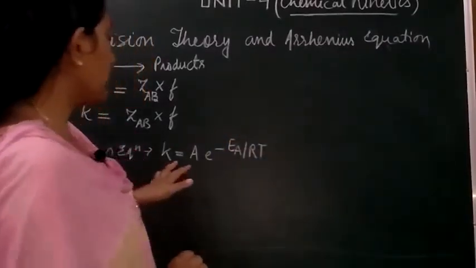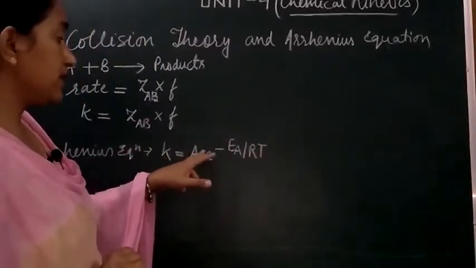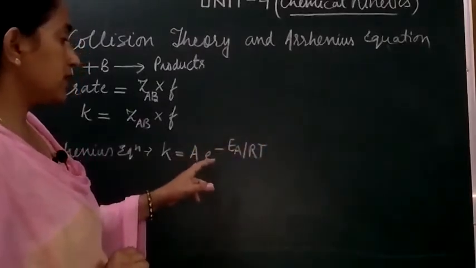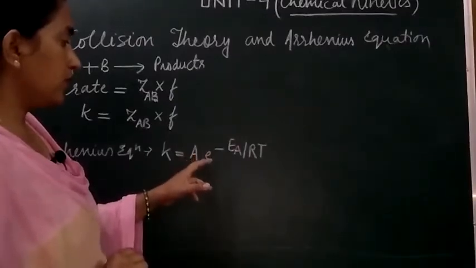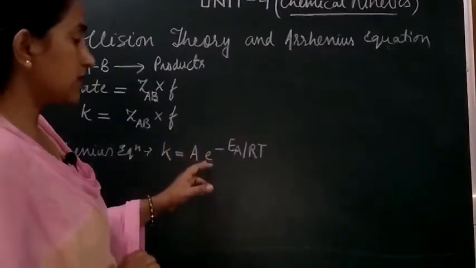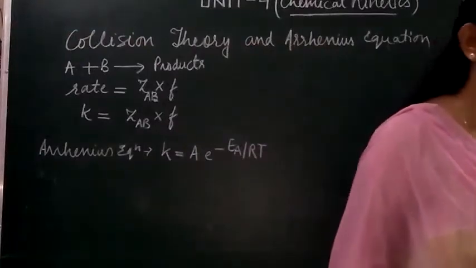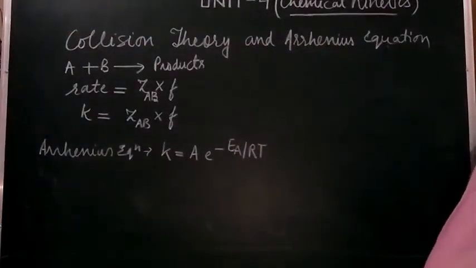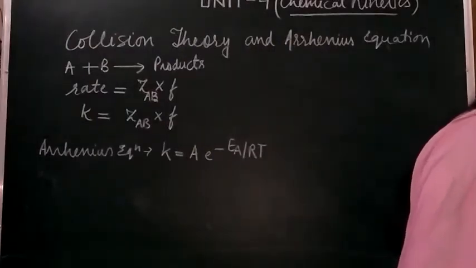This is the Arrhenius equation, where k is the rate constant, A is the Arrhenius factor, and this exponential term, e raised to power minus Ea upon RT, is the fraction of the molecules which have the activation energy, that is the minimum energy required by the reactants before collision. So here we are going to relate these two concepts together.